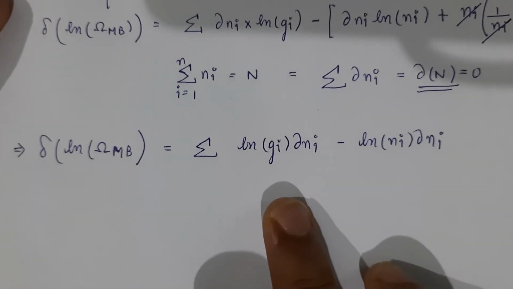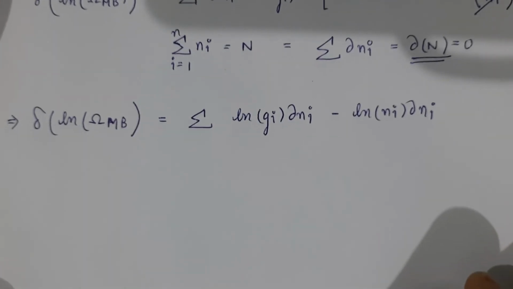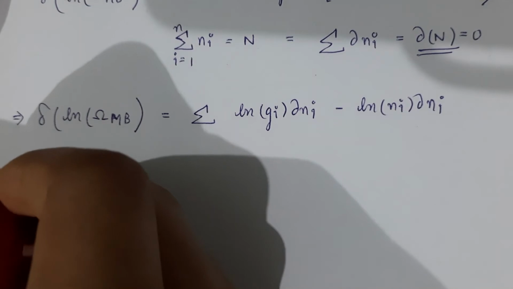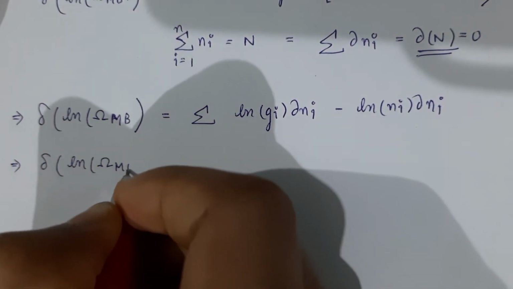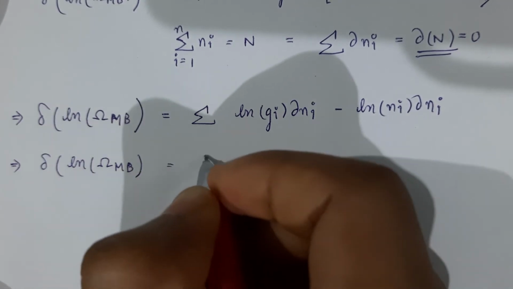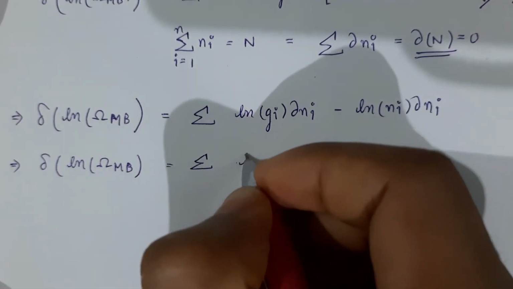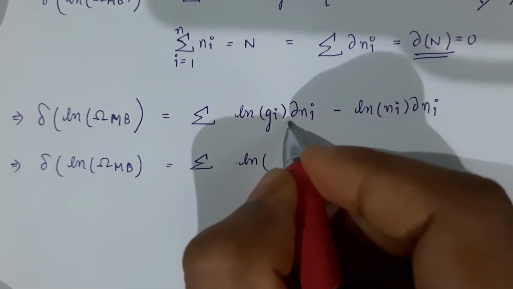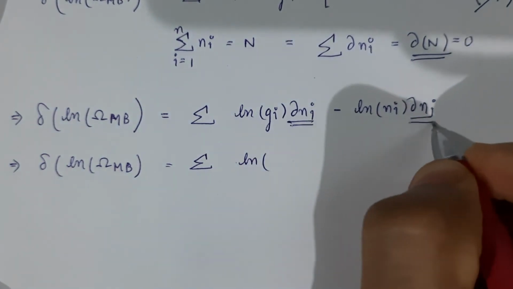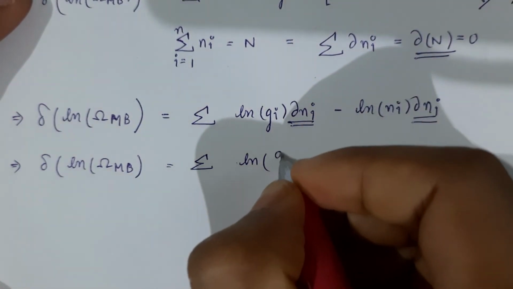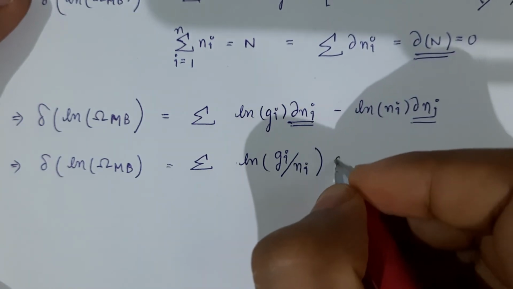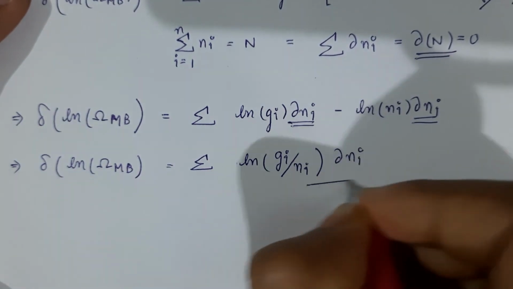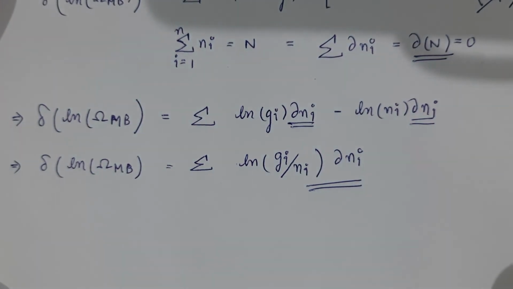Now here we can also make certain calculations to make it further more compact. If we take d of Ni common from both, we will get ln of Gi minus ln of Ni, so this will be ln of Gi over Ni.